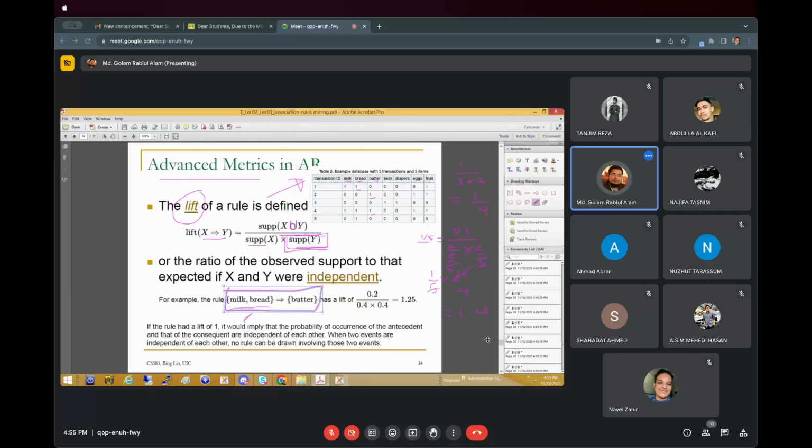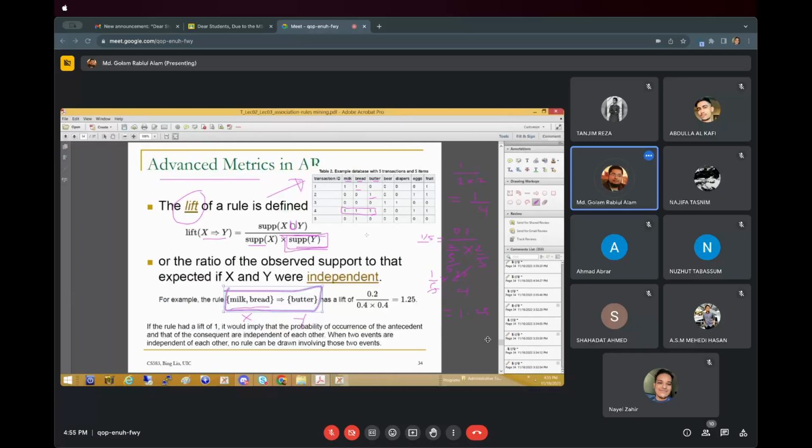The left side is x and the right side is y. Milk and bread is x and butter is y. So we can see here this is the case: milk, bread, and butter.